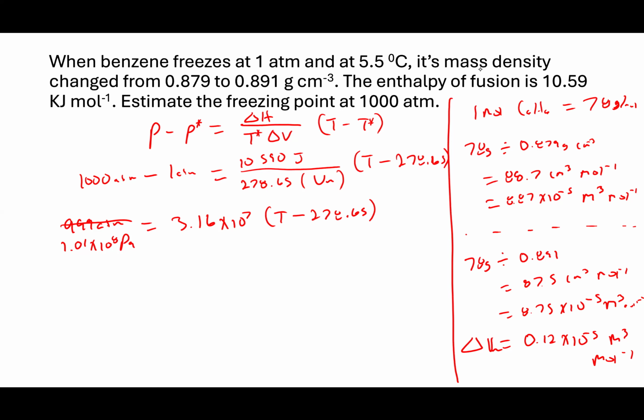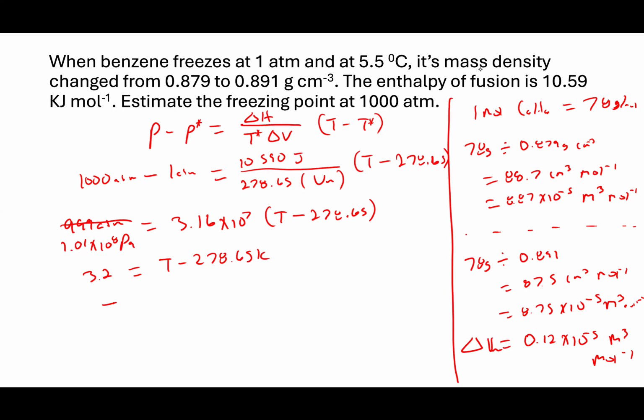Now, if we do a little bit of division here, that number divided by 3.16E7 is going to be just 3.2 basically, equaling T minus 278.65 Kelvin.